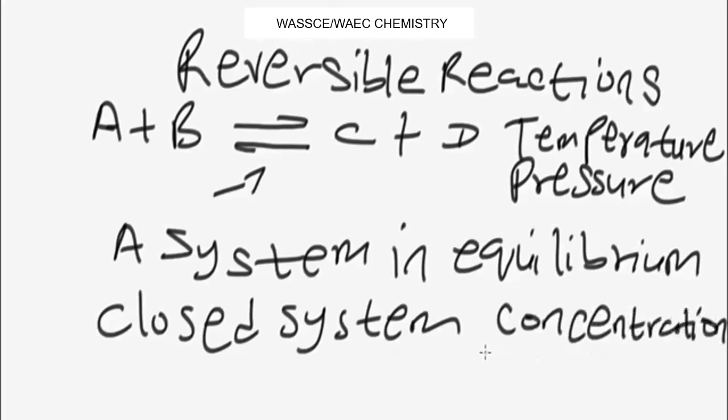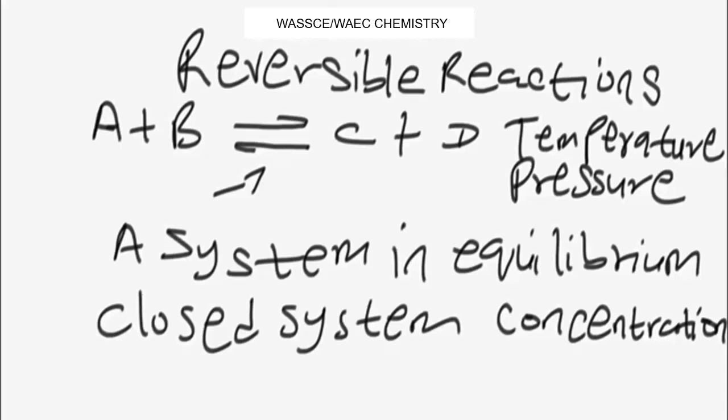We look into these conditions of equilibrium in detail when we get to Le Chatelier's principle. But for this video, know that the position of equilibrium depends on temperature, pressure, and concentration of the reactants and products.